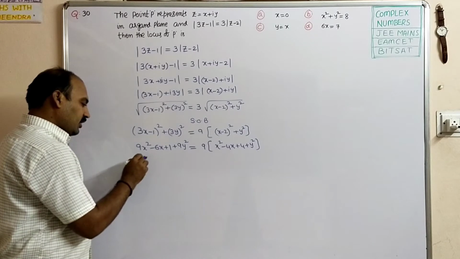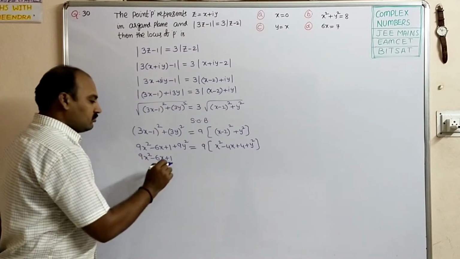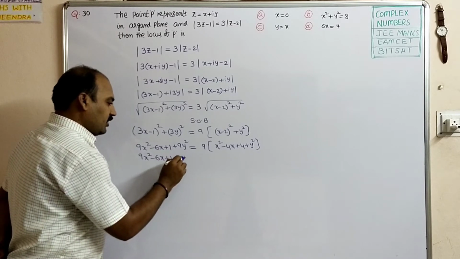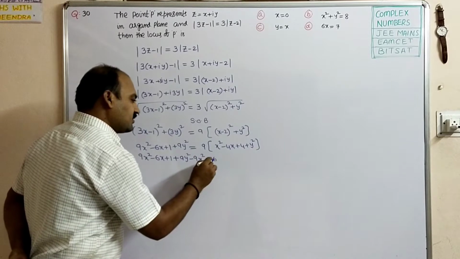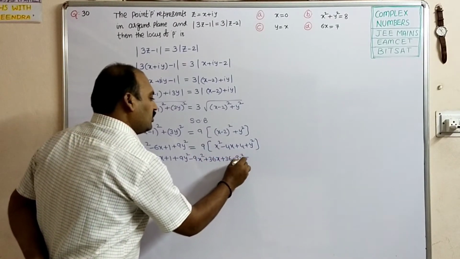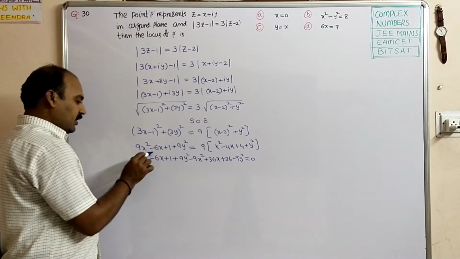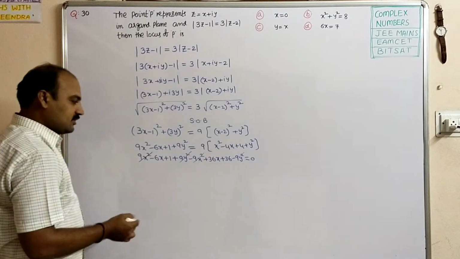So 9x square minus 6x plus 1 plus 9y square minus 9x square plus 36x minus 36 minus 9y square equals 0. So 9x square minus 9x square and 9y square minus 9y square cancel.